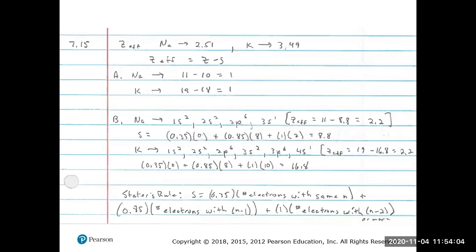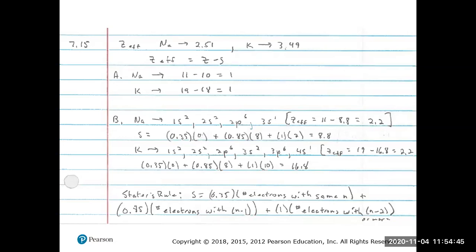So they talk about how for sodium and potassium ions, the Z effective number has been determined to be 2.51 for sodium and 3.49 for potassium. And so what do we estimate it to be for the outermost electron in both of these, using our initial equation of Z minus S?